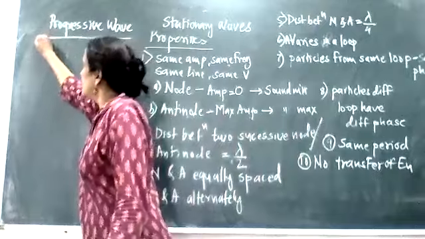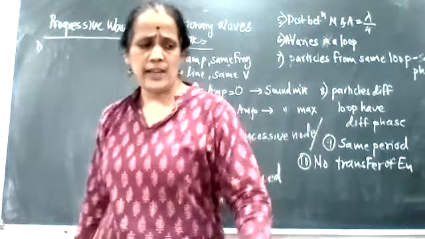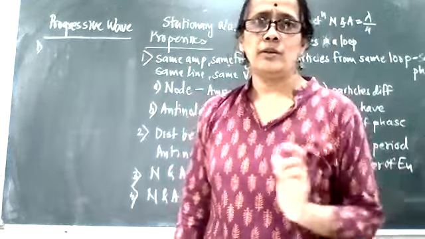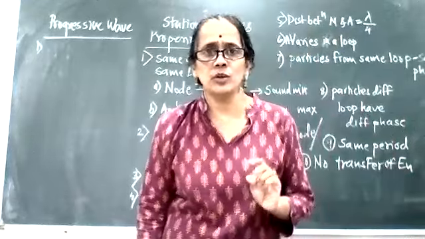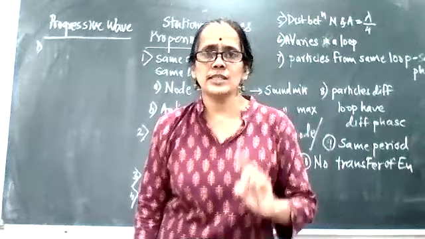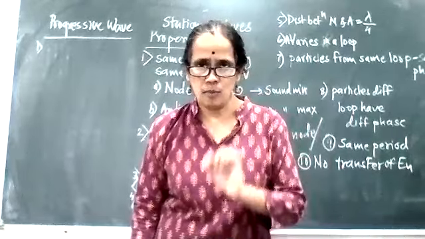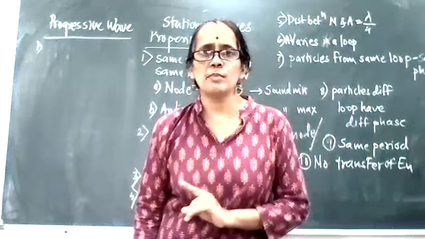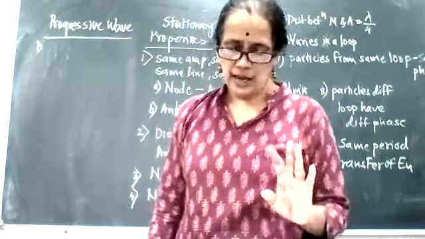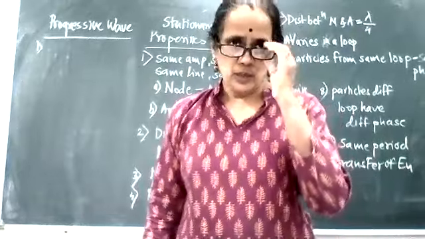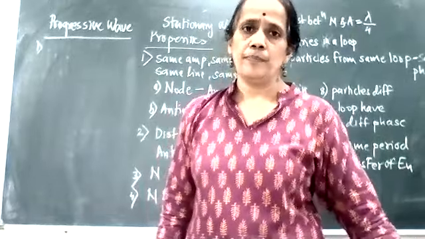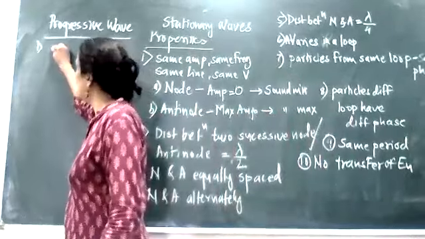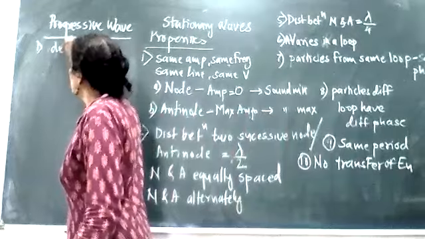What is the first point? In case of progressive wave, we know the equation. The progressive wave equation is y = a sin(ωt − kx), where k is the propagation constant and ω is the angular frequency. This means a progressive wave is always propagating with some definite velocity.